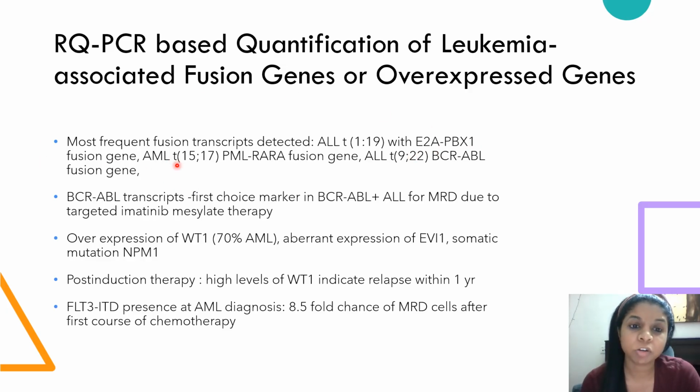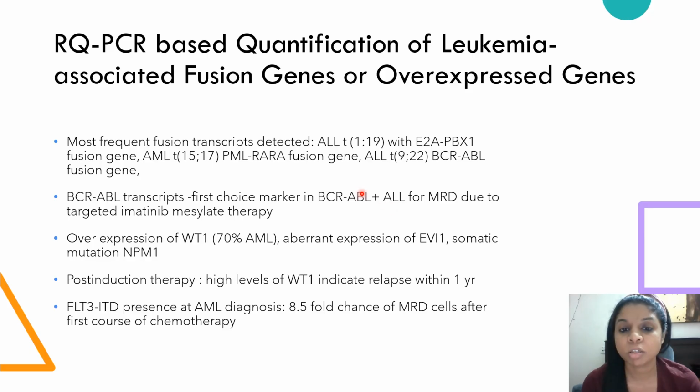In acute myeloid leukemia, you can see the PML-RARA fusion gene. And sometimes in ALL also, the Philadelphia chromosome shows the BCR-ABL fusion gene. Okay.